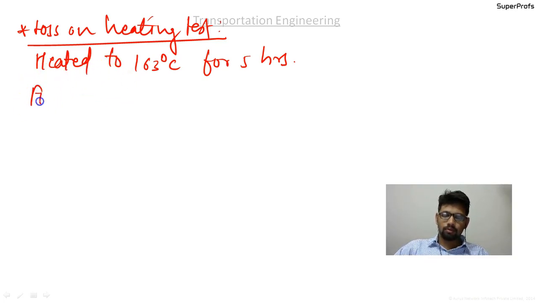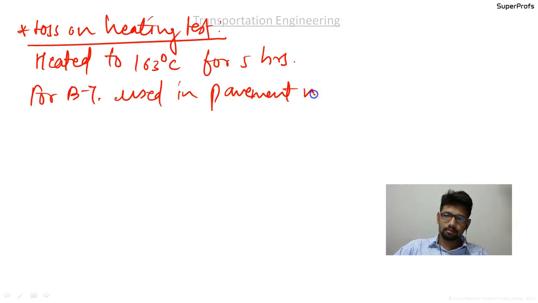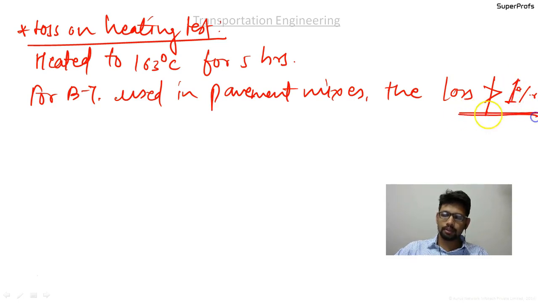And for bitumen used in pavement surfaces, bitumen used in pavement mixes, the loss should not be greater than 1%. Okay, loss on heating should not be greater than 1%.